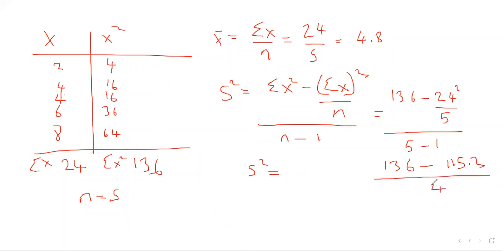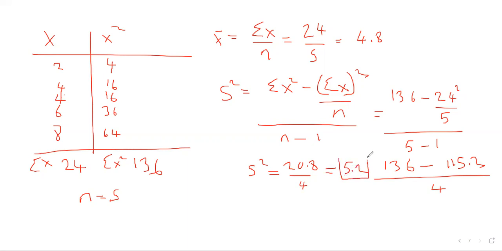Then you get the difference. So we do 136 minus 115.2. The answer I get is 20.8. Divide by 4. What do we get? 5.2. Good.